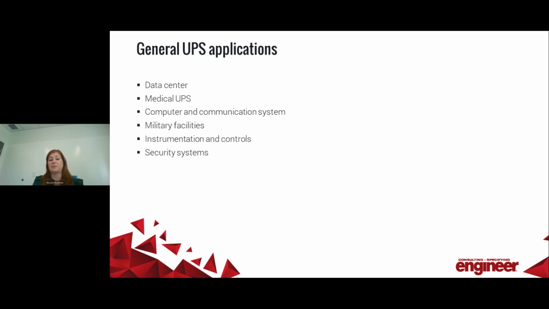You need to specify the required runtime at full load. This is generally based on owner's requirements, but also for industrial facilities, that runtime needs to be sufficient for any processes that are required to shut down equipment safely. Specify the battery type, your system configuration, including required redundancy of inputs, and also external connectivity requirements.